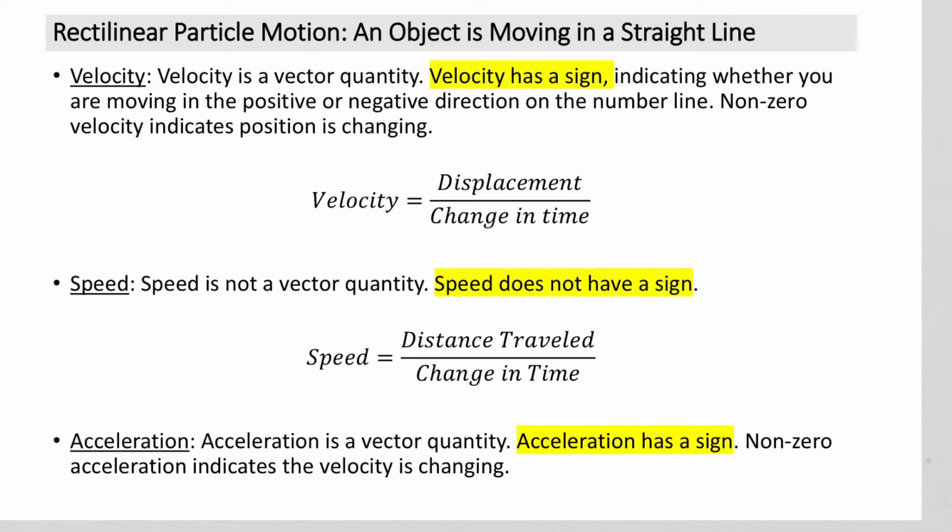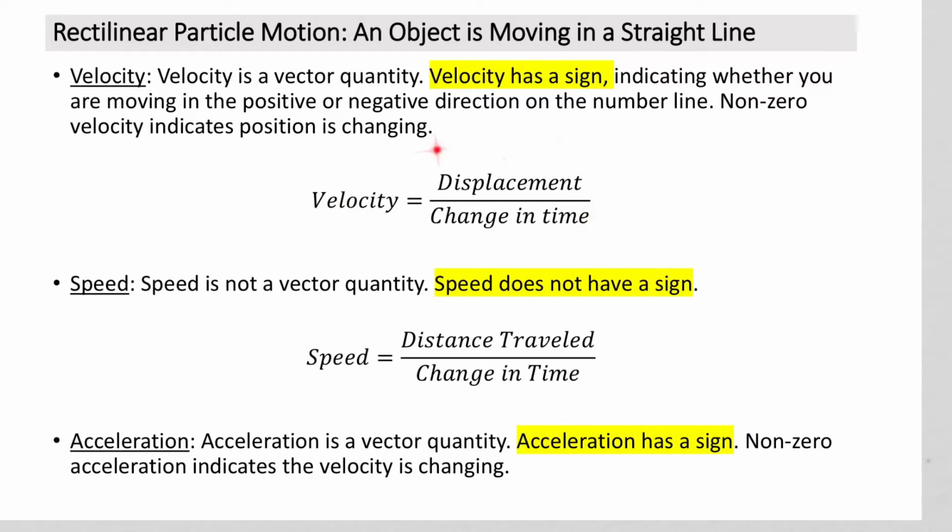So velocity is a vector quantity. Velocity has a sign. The sign indicates whether you're moving in the positive or the negative direction on the number line. So if you have any non-zero velocity, whether it's positive or negative, it indicates that the position is changing. So your velocity can be calculated by taking the displacement divided by the change in time.